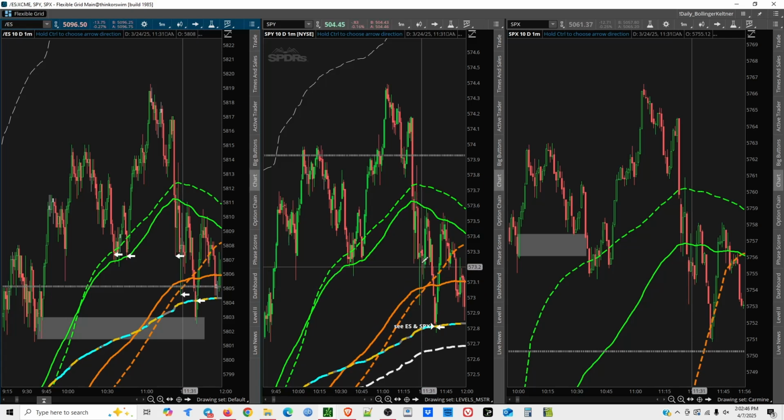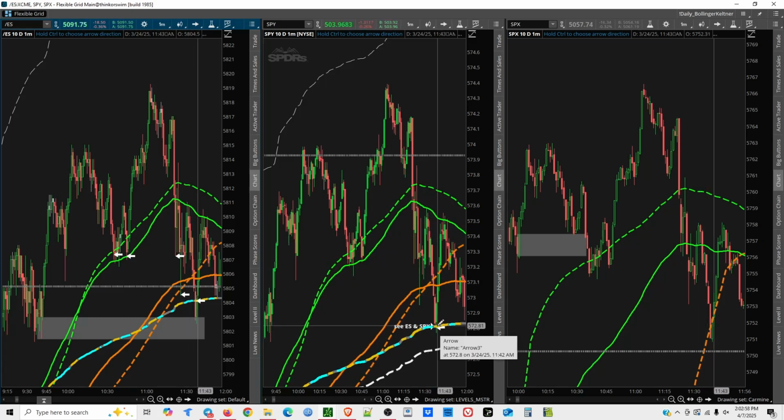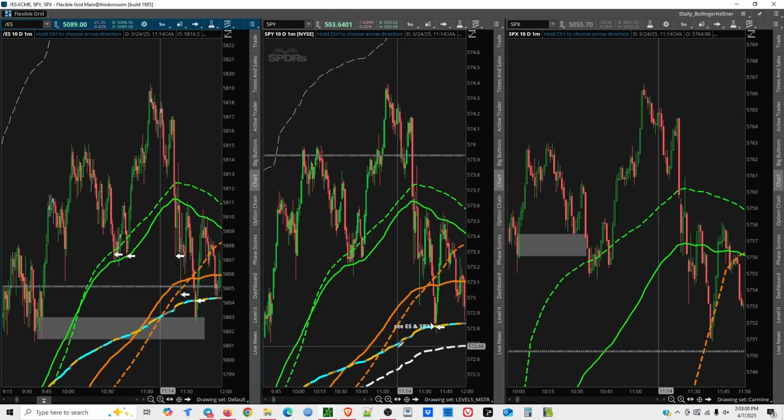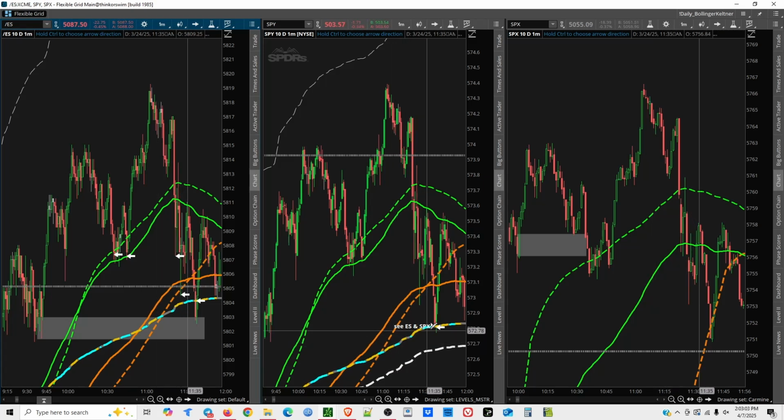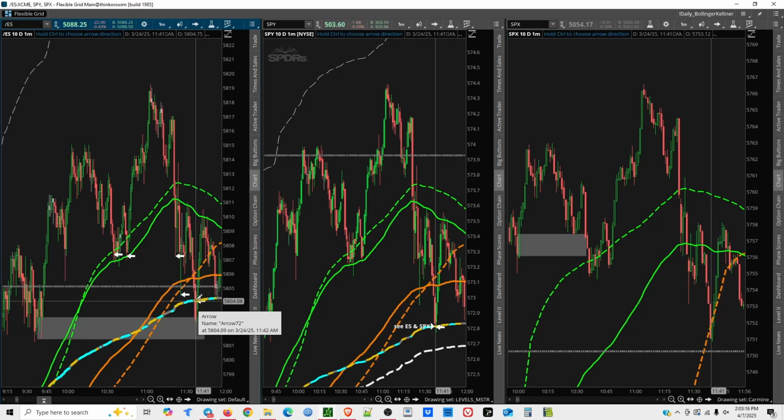And then it bounces, and where does it bounce to? It bounces only up to the 100 EMA. Here and here. And decides to roll over. And where does it roll over to? It rolls over to SPY's intraday VWAP, which is precisely on SPX the 200 SMA, and it also ends up being the intraday VWAP on ES.